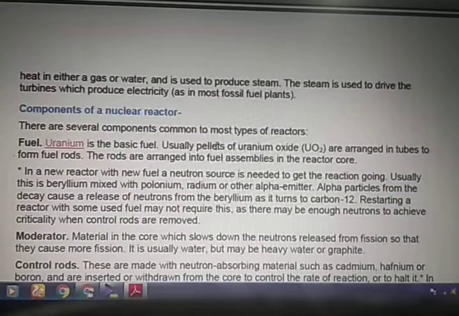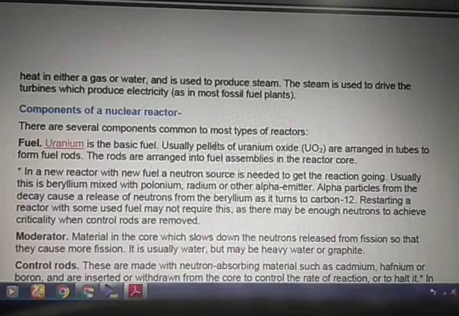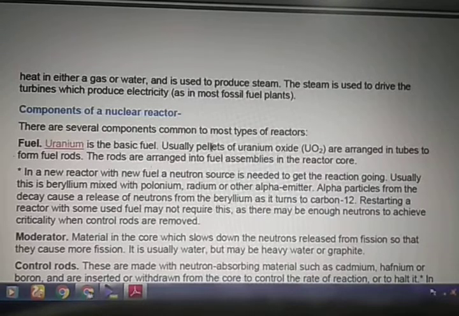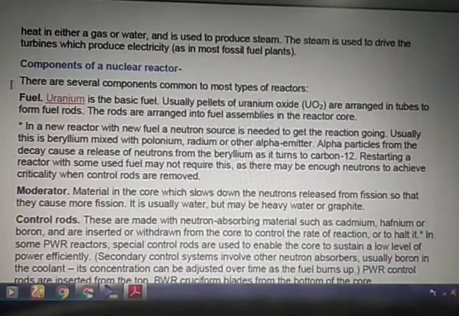There are various types of nuclear reactors in India. First of all, I want to look at the most important components of a nuclear reactor in any part of the world. The first very important thing is fuel.